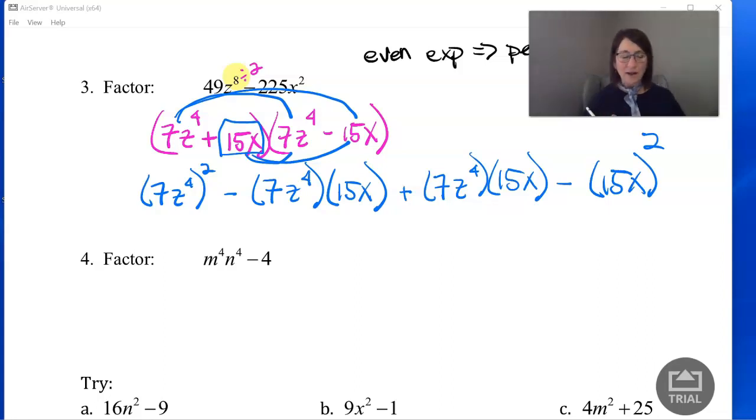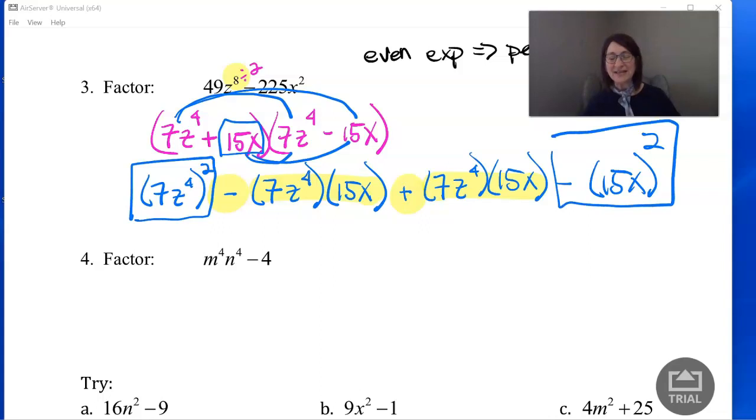Okay, well, our middle terms are exactly the same, except that one is minus and one is plus. And so they cancel each other out. And so we just end up with 7z to the 4th squared minus 15x squared.